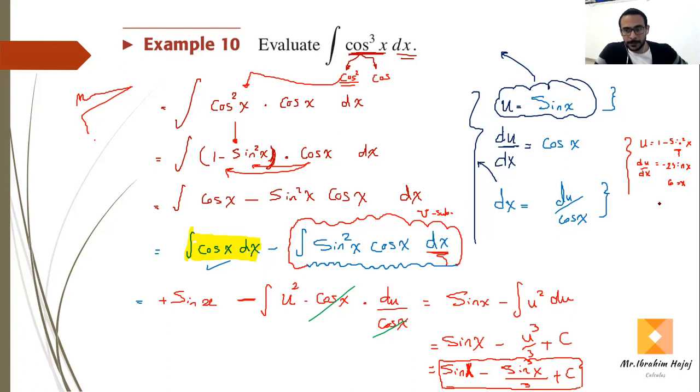Then dx is du over negative 2 sine cosine. The cosine will cancel with the cosine, right? But you still have the negative sign again. It will be hard; even if we cancel the cosine, you still have the same problem with the negative sign. So it won't work for us to take 1 minus sine squared x as u.